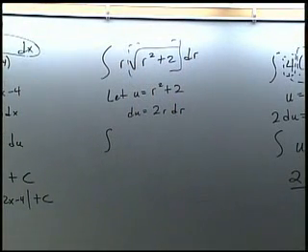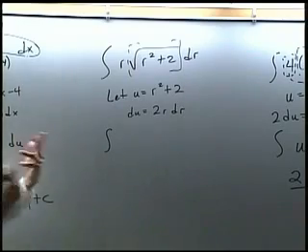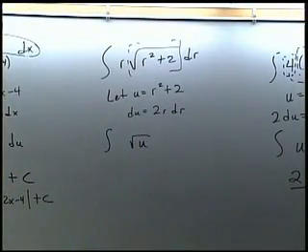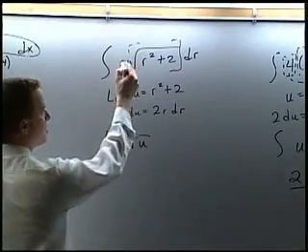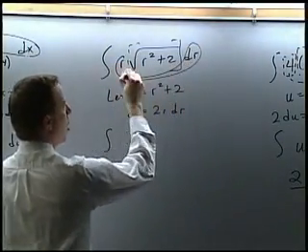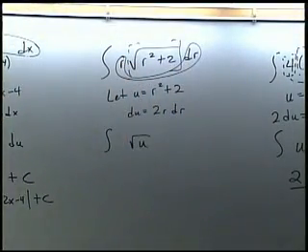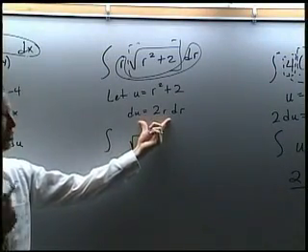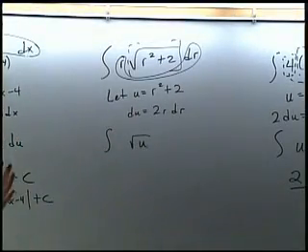This all becomes square root of u. Now, the only thing that I have left to substitute for is an r and a dr. That's fairly close to this, but it's not exact. So what do you suggest that I do here to make it match up exactly?